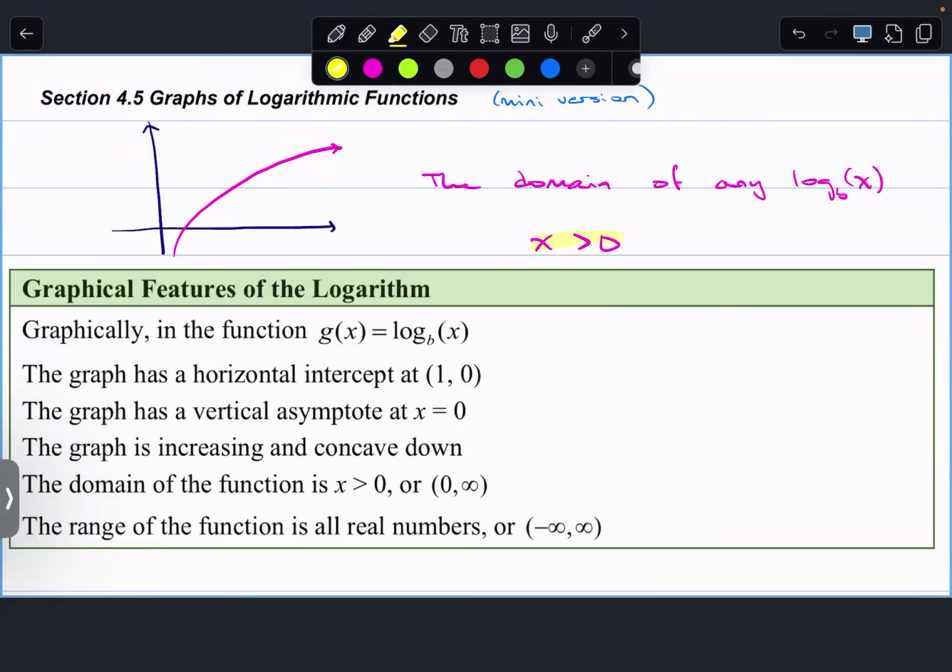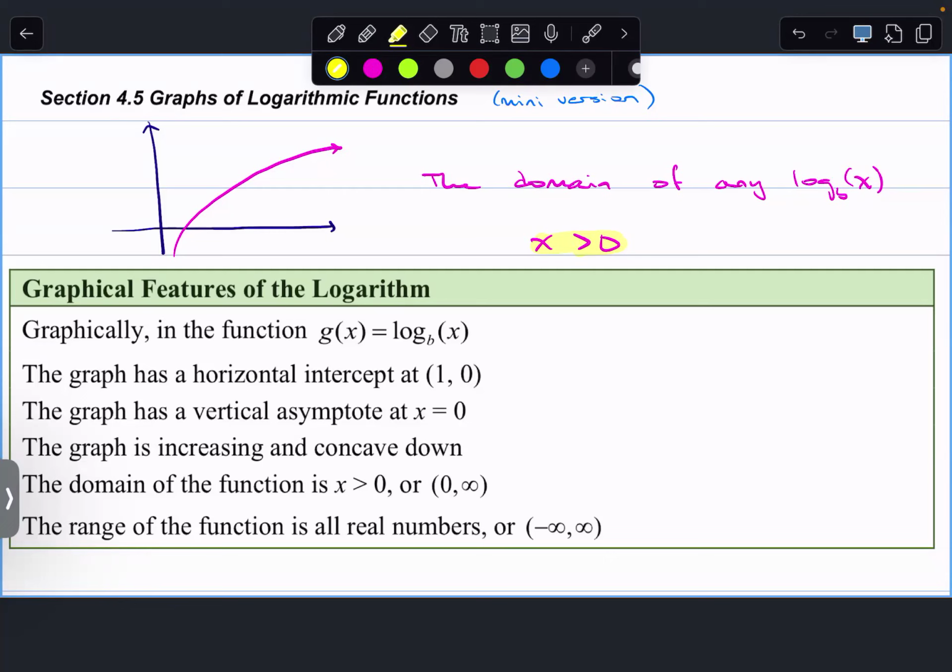We're going to add that to our list of domain rules. I can't divide by 0. I can't take the square root of a negative number, and I have to have a positive, non-zero number in a log. I'm trying to not say negative because it also includes 0. I can't take the log of 0. You can try it on your calculator, but it's not going to work.